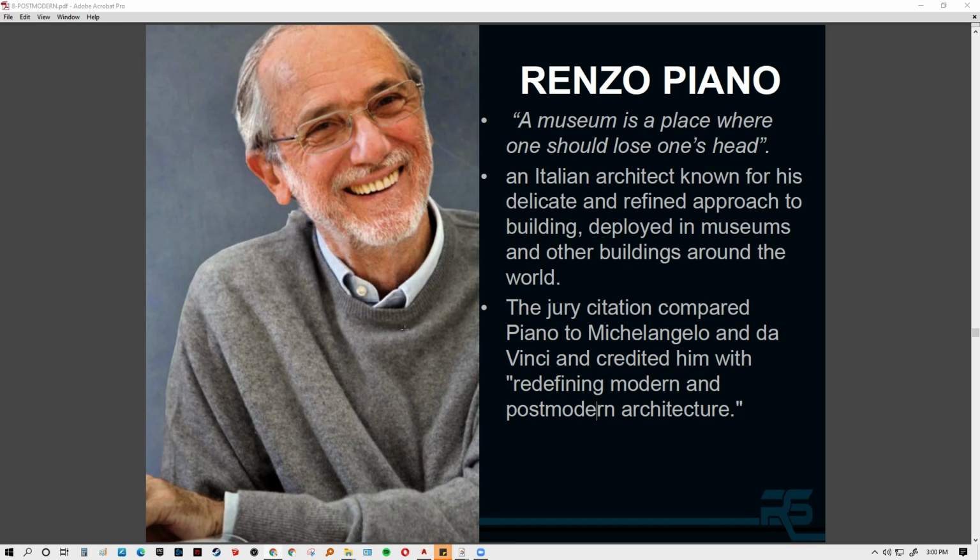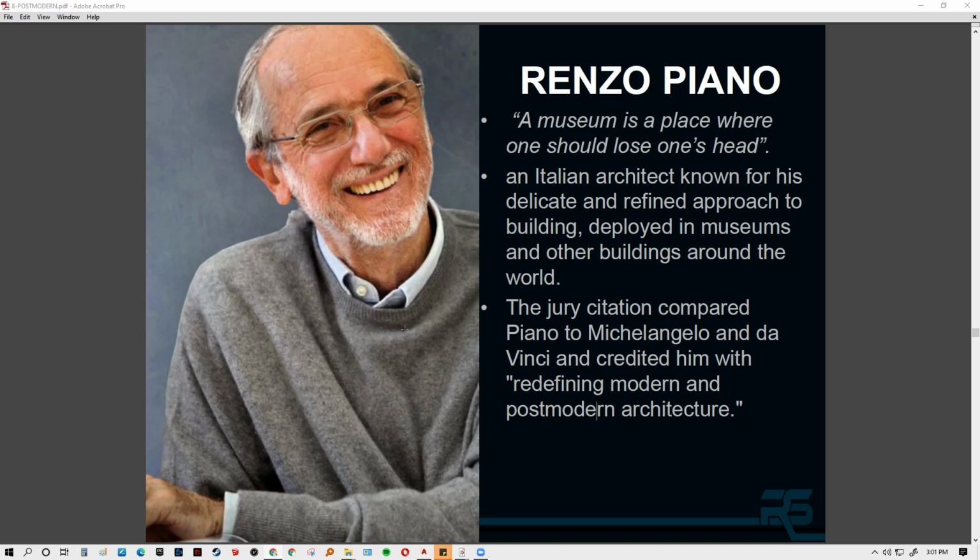Next one we have is Renzo Piano. He is prominent for his museum works. For him, a museum is a place where one should lose one's head, because of the art galleries, how art is expressed, how everything is romanticized. He's an Italian architect, which is why he has that approach, and is noted for his refined, delicate approach to buildings, deployed in museums and other buildings around the world.